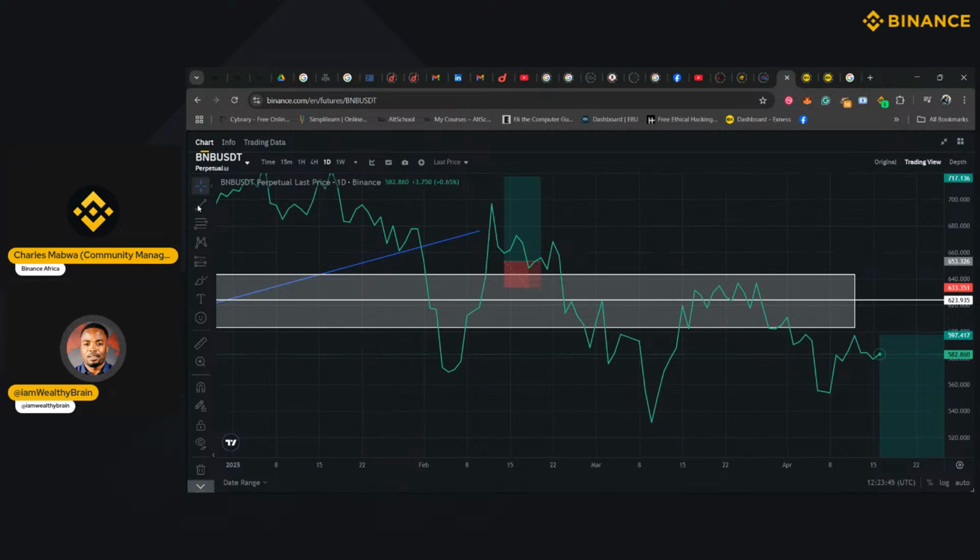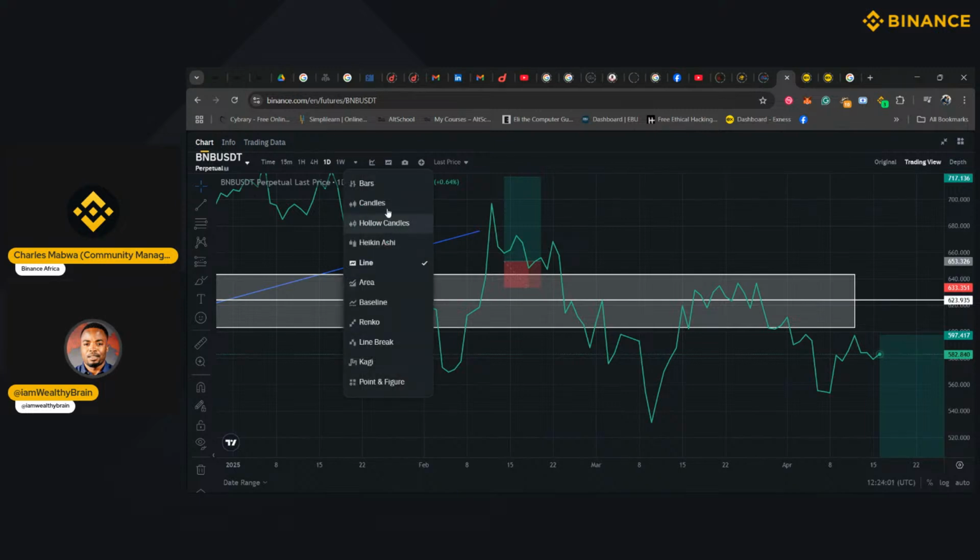For example, when you look at 528 downwards, according to the line chart, it looks like price didn't go below that. Why? Because the line chart only gives you information based on opening and closing of price.